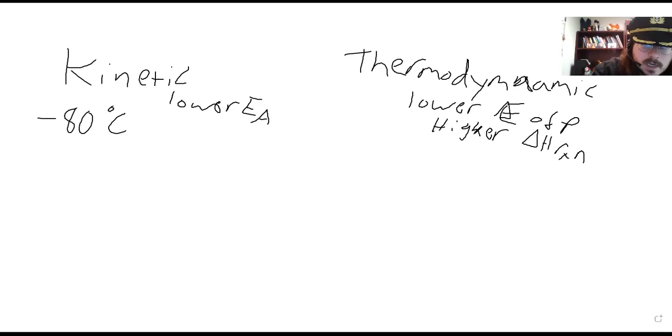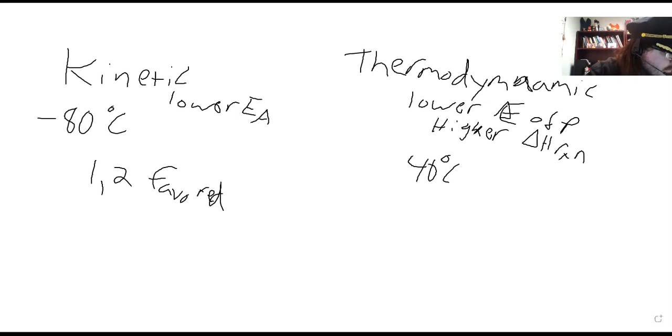We're going to get more energy out of the thermodynamic, but there's a higher energy barrier to get there. So if I run at negative 80 degrees, we're going to favor the 1,2. It's going to form the kinetic product. If I run this instead at 40 degrees and give it enough time, we're going to form the 1,4, which is the most stable.